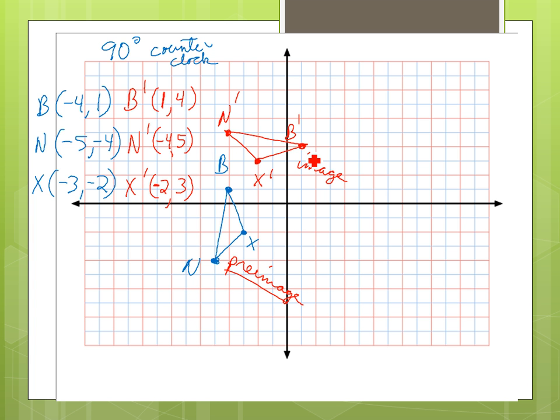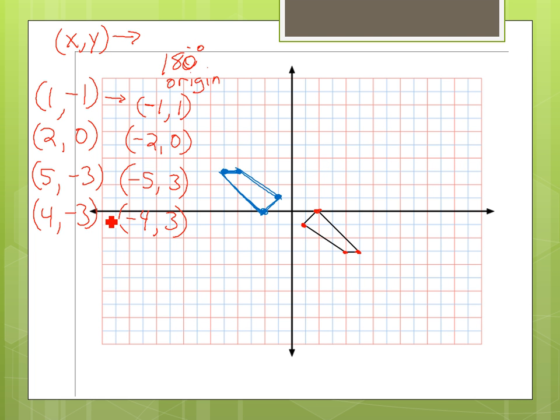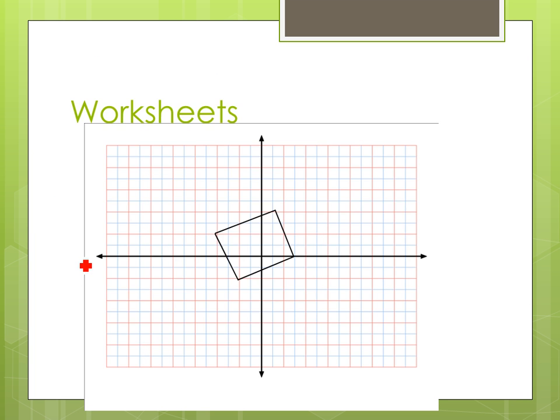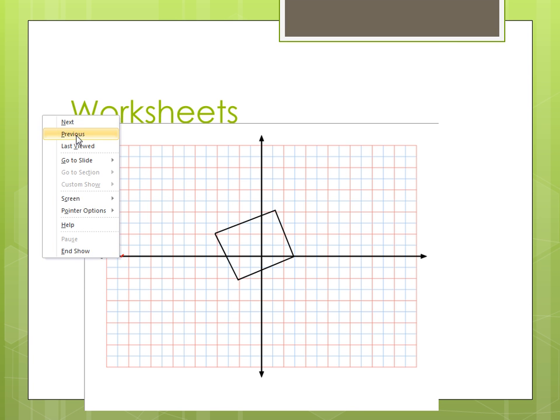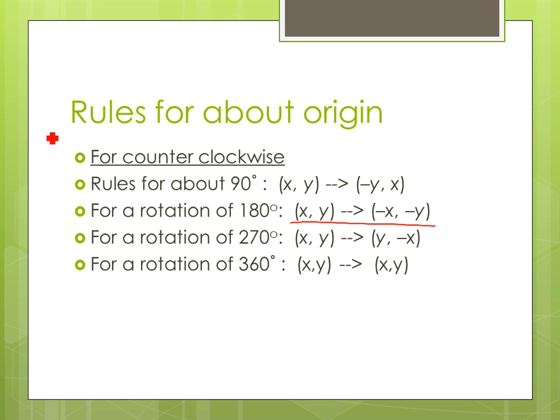I looked at the wrong rule, didn't I? For 90 degrees counterclockwise, I think I looked at the wrong rule. It's supposed to be that rule. So let's go back and fix it.